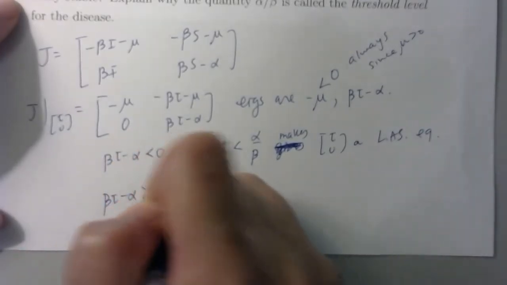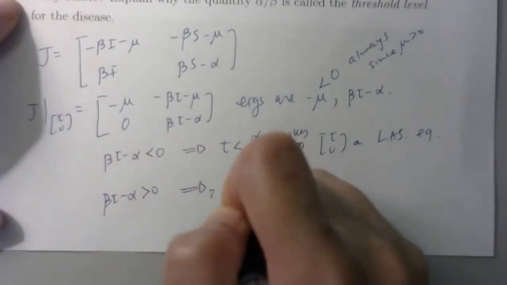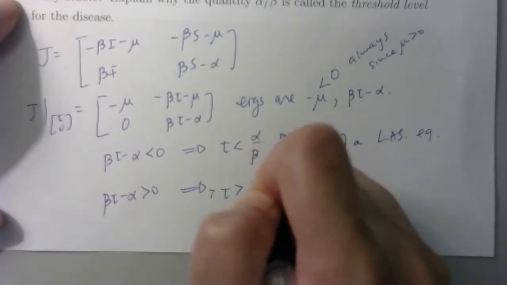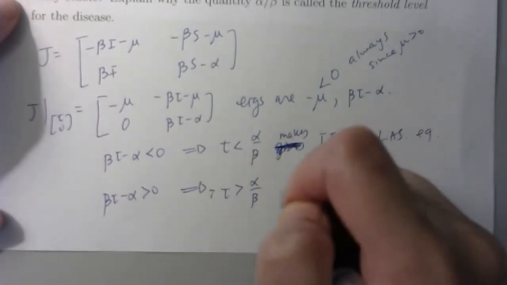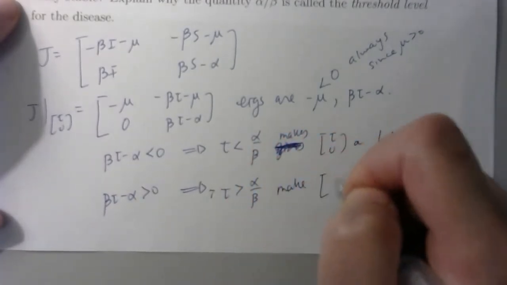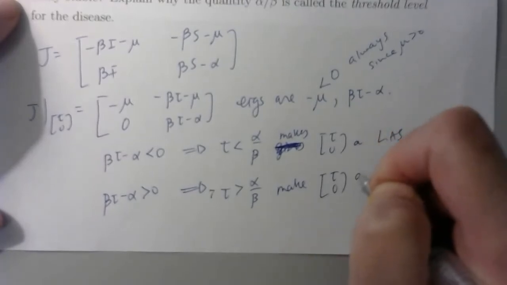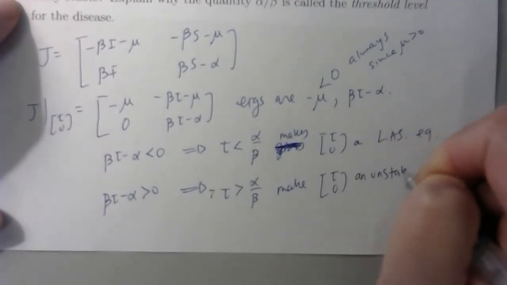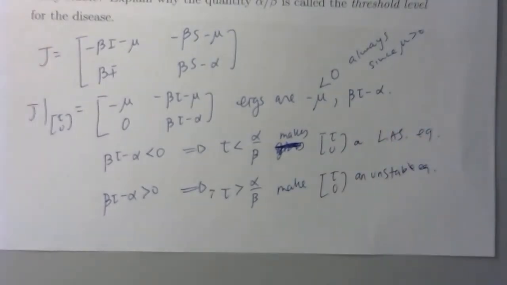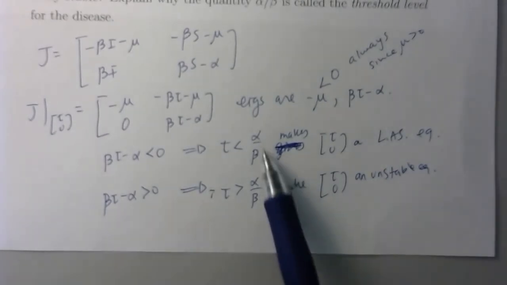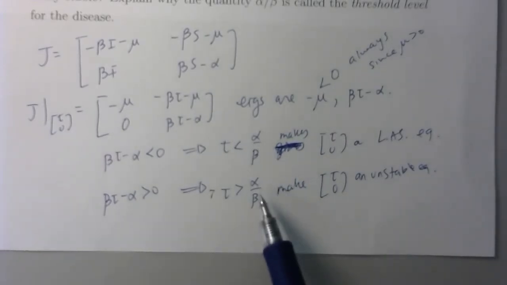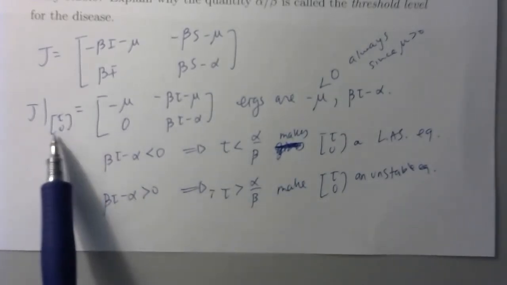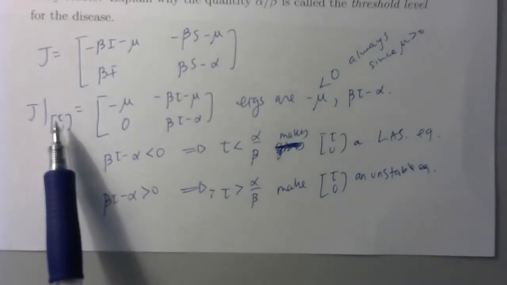Likewise, if this is positive, then tau is greater than alpha over beta, and that condition makes this guy an unstable equilibrium. So alpha over beta is called a threshold level because it is the parameter that will determine whether or not this is going to be stable or unstable.